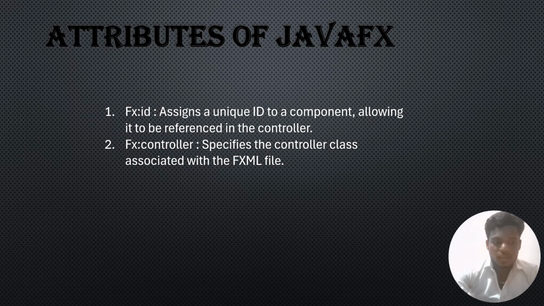For instance, a button element in FXML can have text and onAction attributes that correspond to the text and onAction properties of the Button class in Java. In the sample code, button text equals Click Me, onAction, like that. That's it.